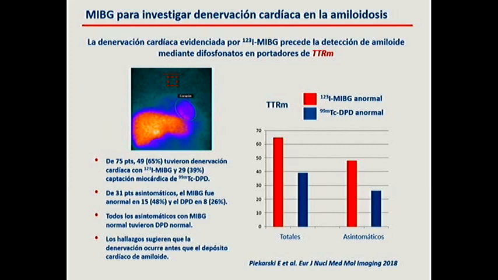Interestingly enough, there's an important and very recent role played by a group from France, who researched cardiac denervation with MIBG as an early way to detect amyloidosis in patients with mutant TTR amyloidosis.